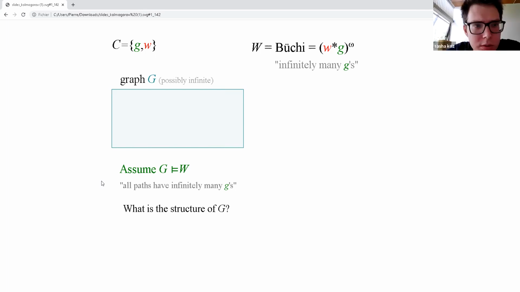So you want to have some ordinals, and you want to draw edges between them in some way, so that you cannot have only W's.